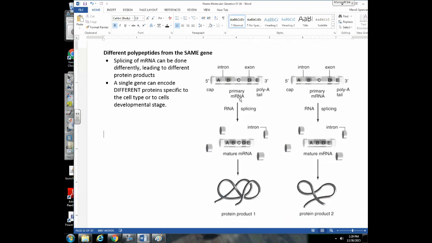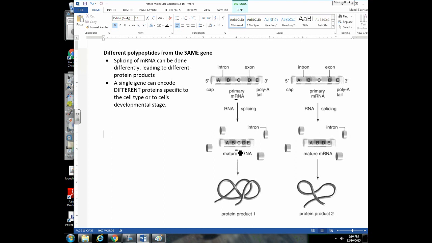Now, something that I find highly fascinating is that one gene in the DNA can actually code for different polypeptides. And it can do that because of this RNA splicing that we just talked about. So here we have a gene coding for mRNA. So the mRNA contains both those introns and the exons, and we're going to splice out the introns, splice together those exons. So whenever the exons are spliced together, they can be put in this combination.